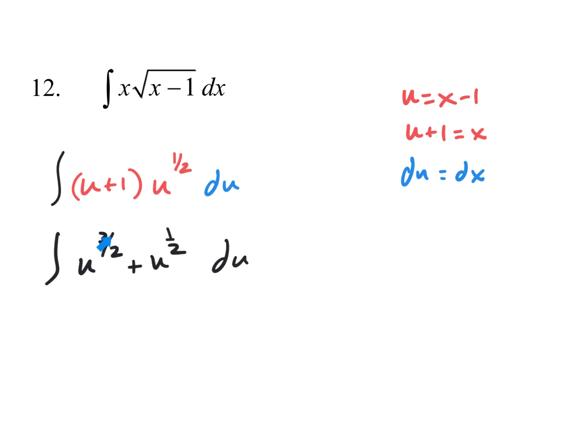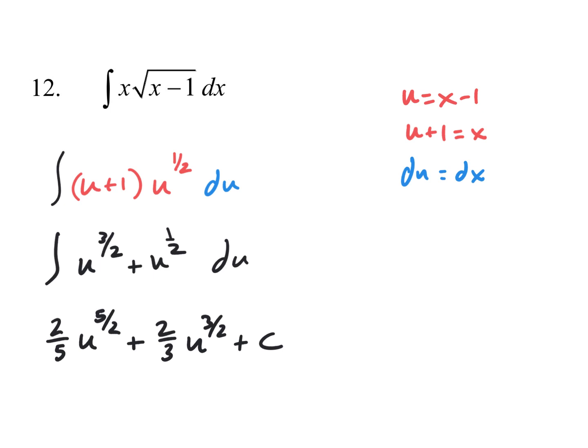Okay. So add 1 to this, that's going to give me 5/2. Add 1 to this, it's going to give me 3/2. Dividing by that is the same as multiplying by the reciprocal. It ends up giving me 2/5 times u to the 5/2, and 2/3 times u to the 3/2, because originally it's u to the 3/2 divided by 5/2.